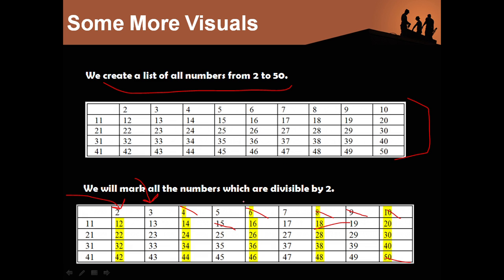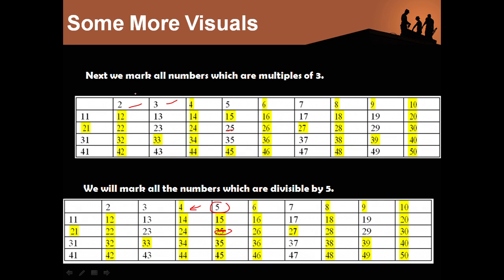Okay. Then after marking all the multiples of 2, we search for the next smallest number which has not been marked, and in this case it was 3. So we mark all the multiples of 3 as non-prime, and thus we marked 9, 12, 15, 18 and so on.